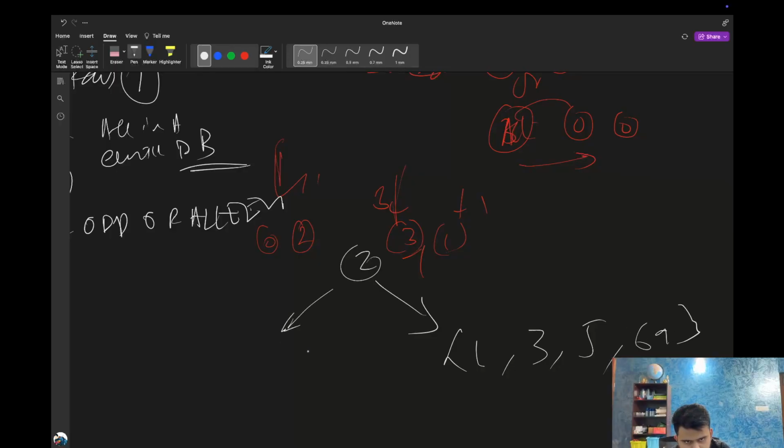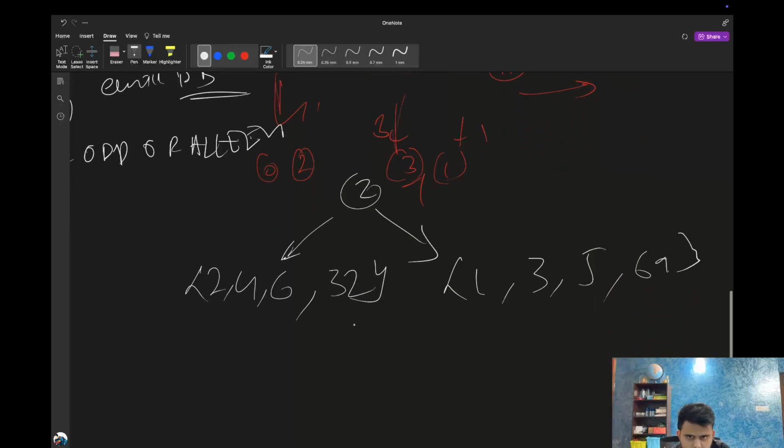Now this is, or it is 2 4 6 32. So modulo 3 is what? This will be 2 mod 3, this will be 1 mod 3, 2 mod 3 and 2 mod 3. So I can take this and this wouldn't be an integer at all. But what would be the cases when it's all 1?